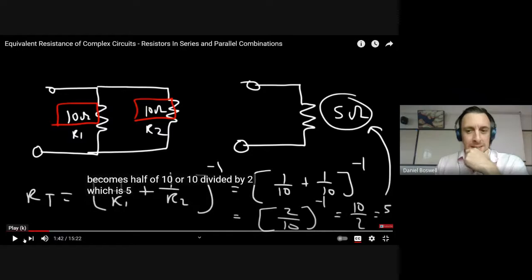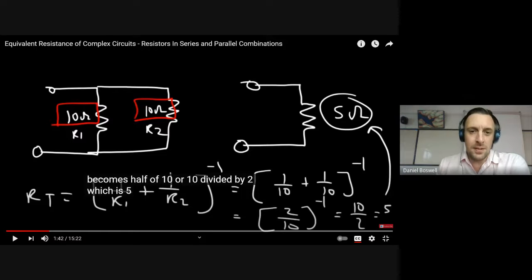So what he's done is he's calculated the total resistance in parallel. What you would do normally is 1 divided by 10, which would be R1, plus 1 divided by 10, which is R2, to the negative power of 1.